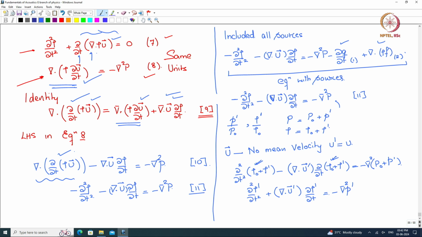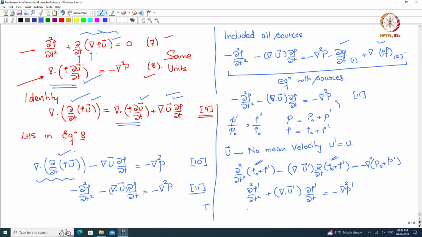Now we'll further do a magnitude analysis on this. I told you that a time derivative brings a time scale in the denominator, and a space derivative brings a length scale in the denominator.